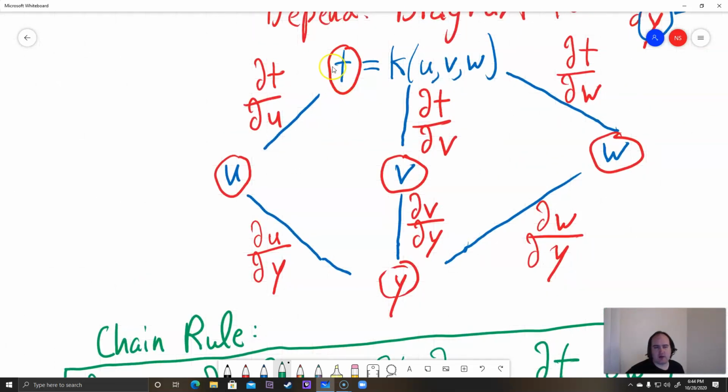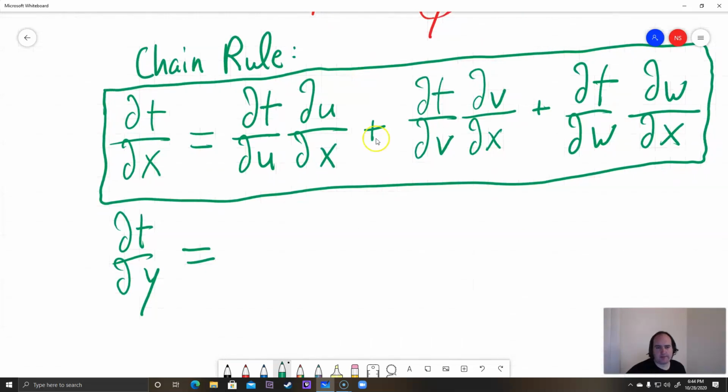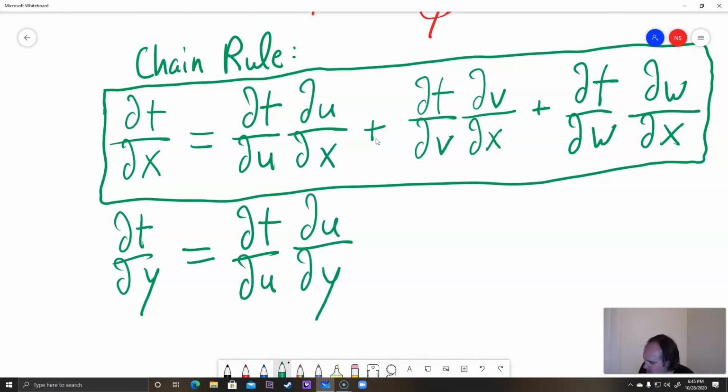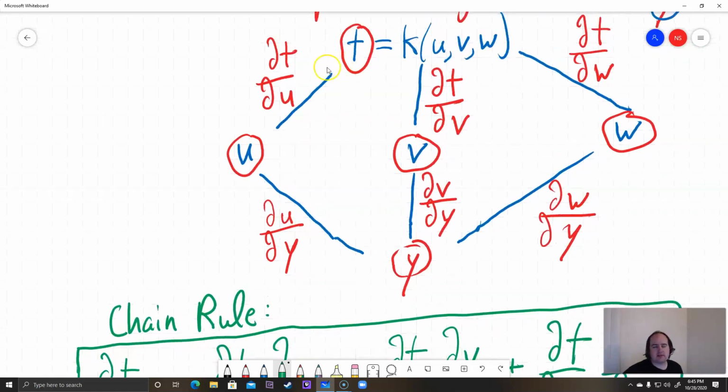If we go down the left branch, we get partial t, partial u times partial u, partial y. That's the left side.